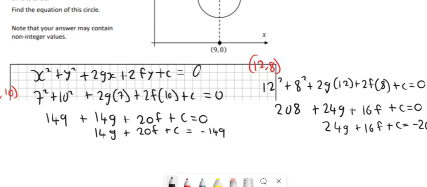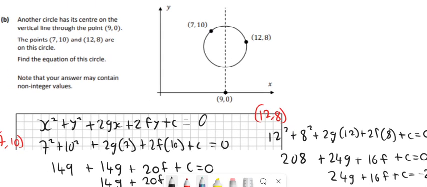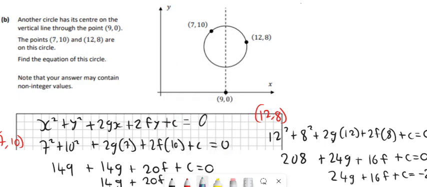Right. Next then is probably the tricky bit. It's not too bad for the last part of this question. If you notice, they tell you that 9, 0, the centre of that circle, is on that line there. If you're thinking about what the x coordinate is, the x coordinate has to still be 9. That should make sense.